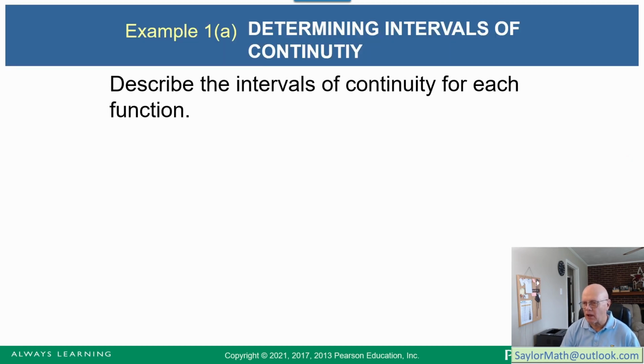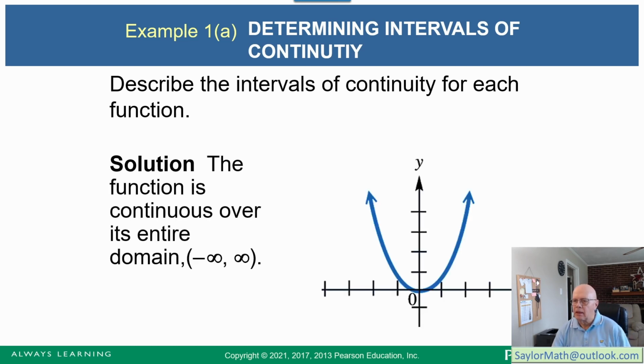So, with that in mind, could you describe the intervals of continuity for each function? In other words, where is it continuous? Here's y equals x squared, for example. Where is it continuous?